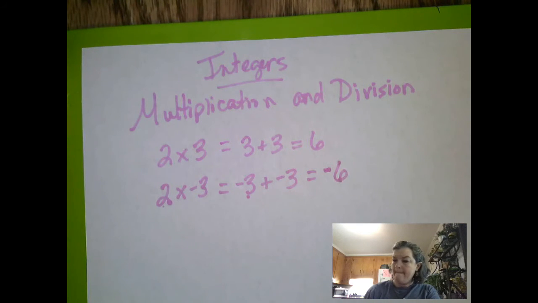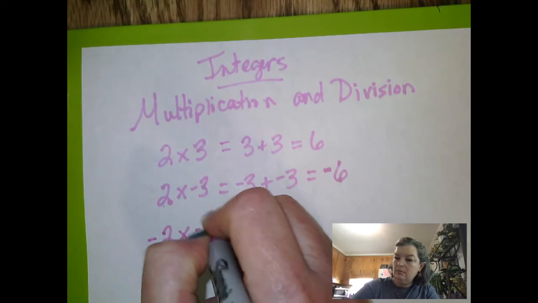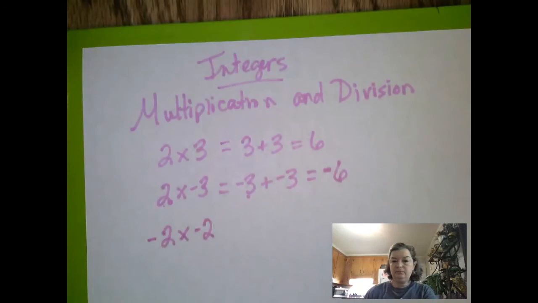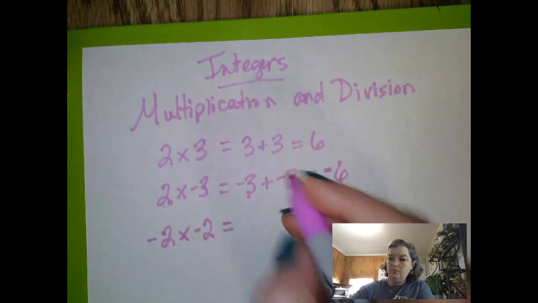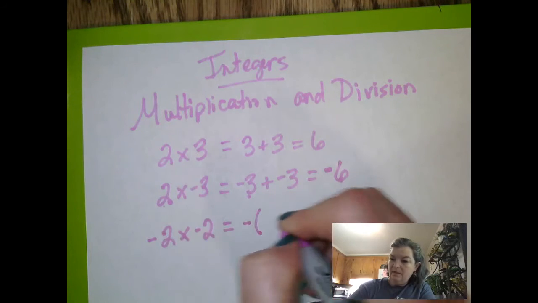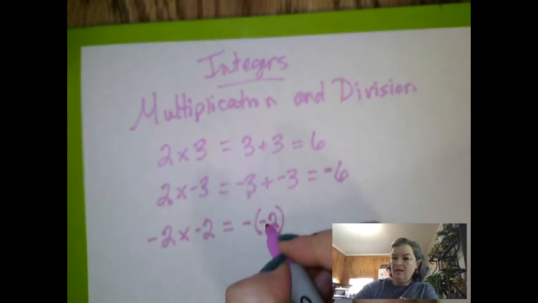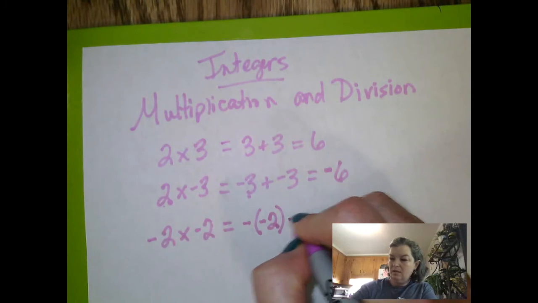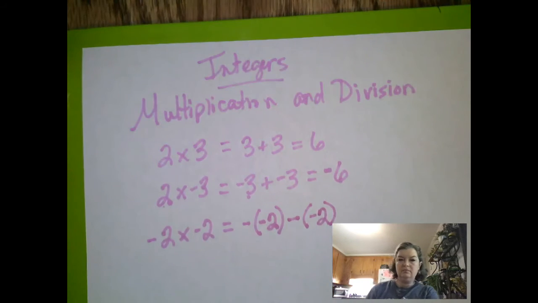But what if you are multiplying two negatives? Well, here it's telling you to take, it's negative 2. So you're taking away two groups of negatives. So negative 2, taking away a negative 2, taking away a negative 2.